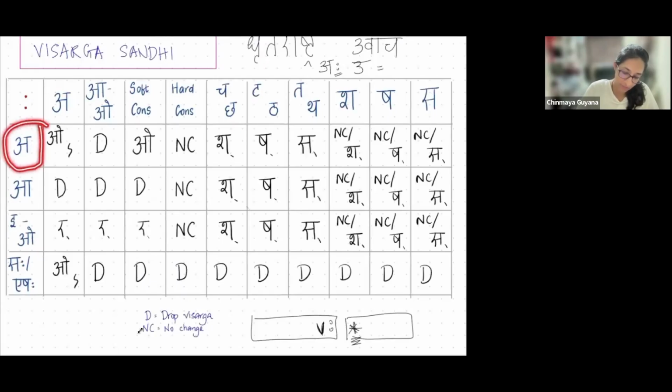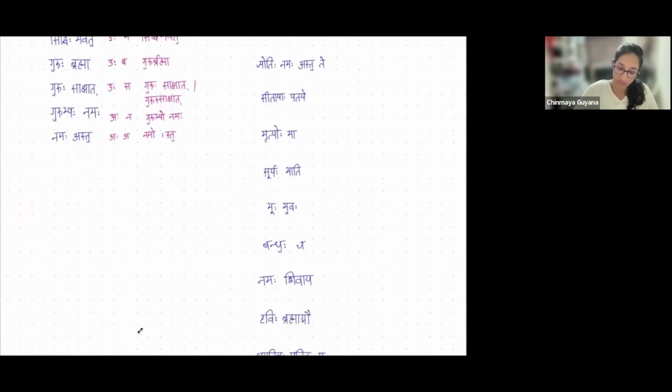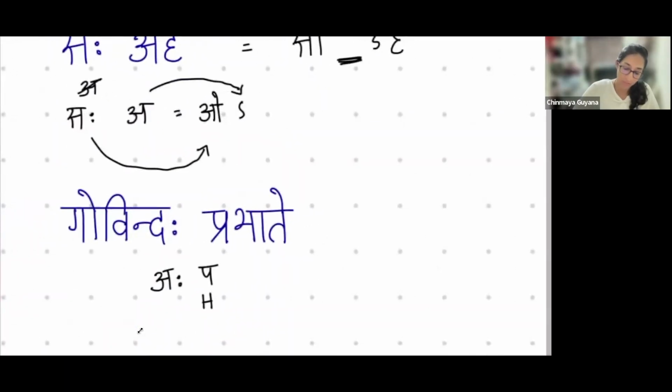The answer is no change. NC means no change. That means there's going to be no change in this answer. Govindaha prabhate.